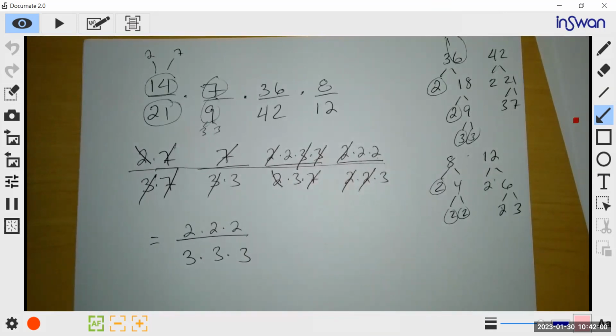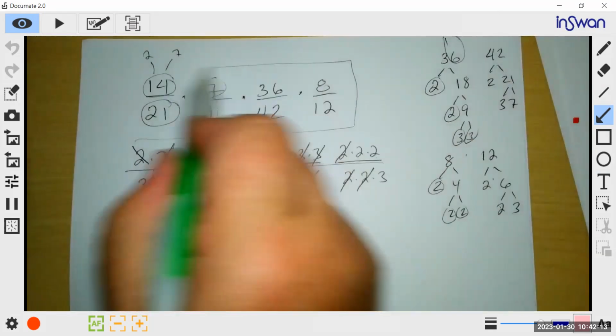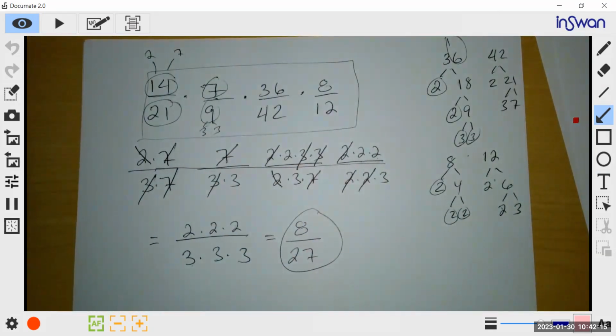Do they cancel anymore? 2 times 2 is 4 times 2 is 8. 3 times 3 is 9 times 3 is 27. That's the answer to this big question here. Basically, what I'm saying is it doesn't matter how big the equation is, as long as you break it down to its smallest pieces, it's manageable.